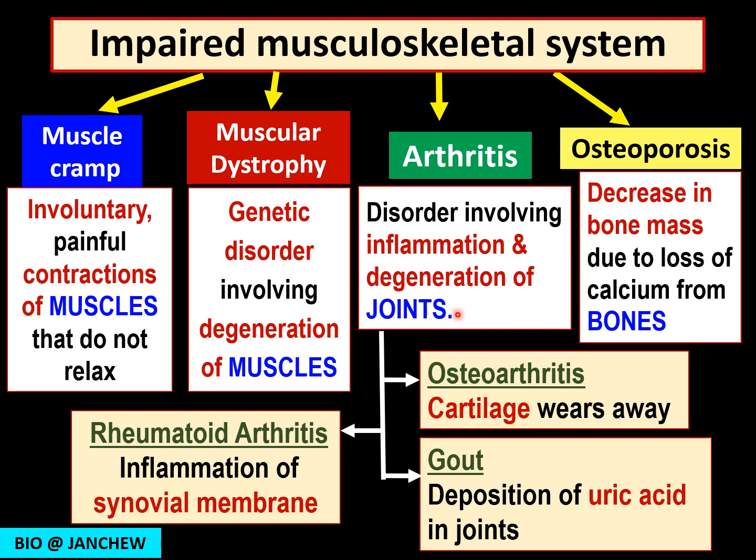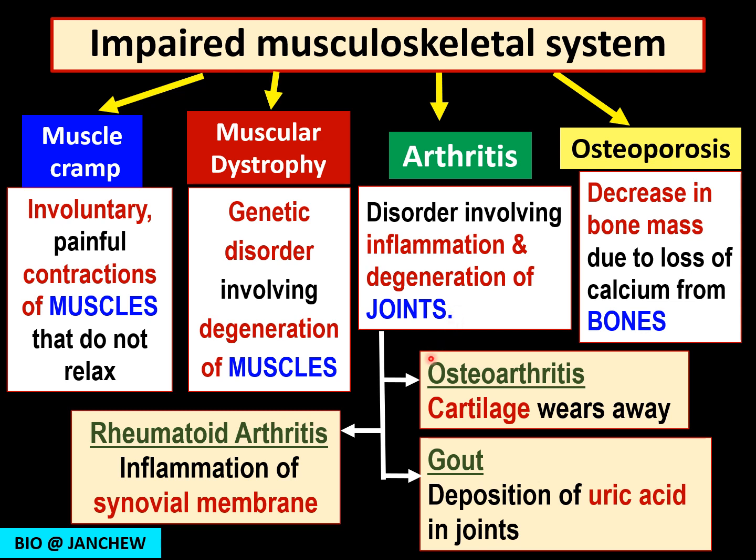A joint is a meeting place between two or more bones. In arthritis, there is inflammation, meaning swelling, pain and redness at the joints. Degeneration occurs at the joints, meaning parts of the structures at the joints may waste away or wear off.